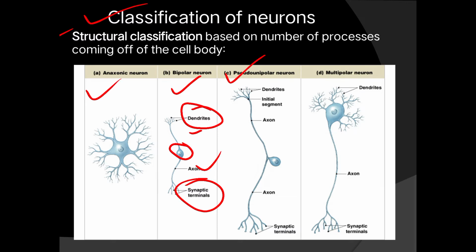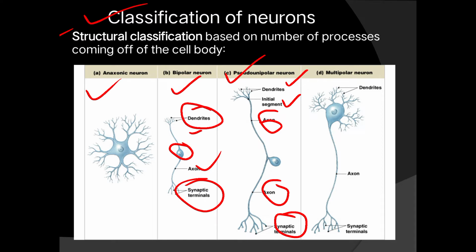Then pseudo unipolar. Okay, so this is the pseudo unipolar. We can see the axon on both sides, and the initial segment dendrites is this side, and the synaptic terminal is this side. What is happening here? This is bipolar, and this is pseudo unipolar, and then multipolar.